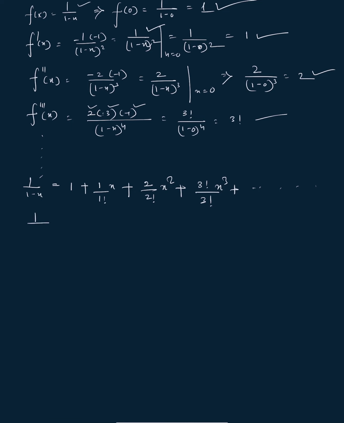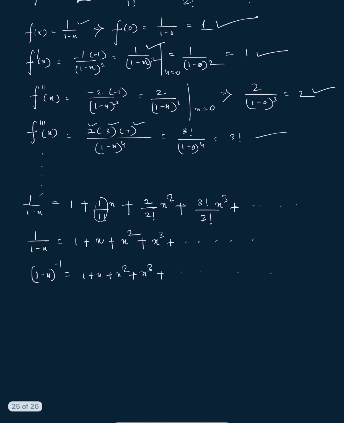So the final answer will be 1 by 1 minus x equal to 1 plus 1 into x, equal to x, plus 2 by 2 factorial, that is nothing but 1, so I am writing directly x square. Similarly, 3 factorial will cancel out each other. It will be x cube plus, and so on. So (1 minus x) power raised to negative 1 will be 1 plus x plus x square plus x cube. Okay, this is the answer.